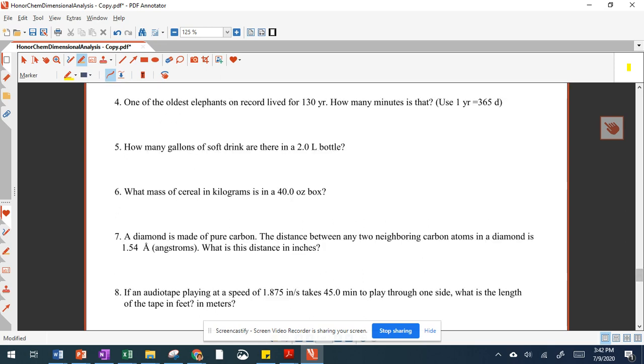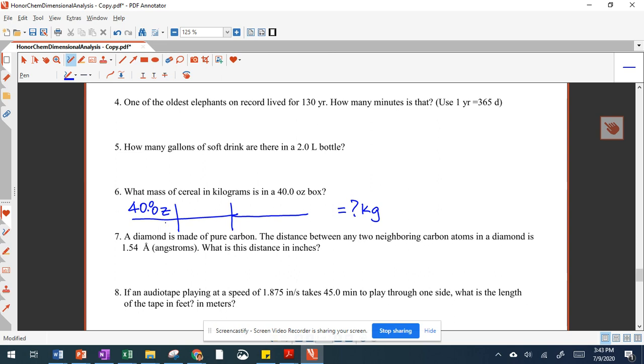And we have 40 ounces, and we want to convert this into kilograms. So the first thing we're going to do is convert the ounces into pounds.